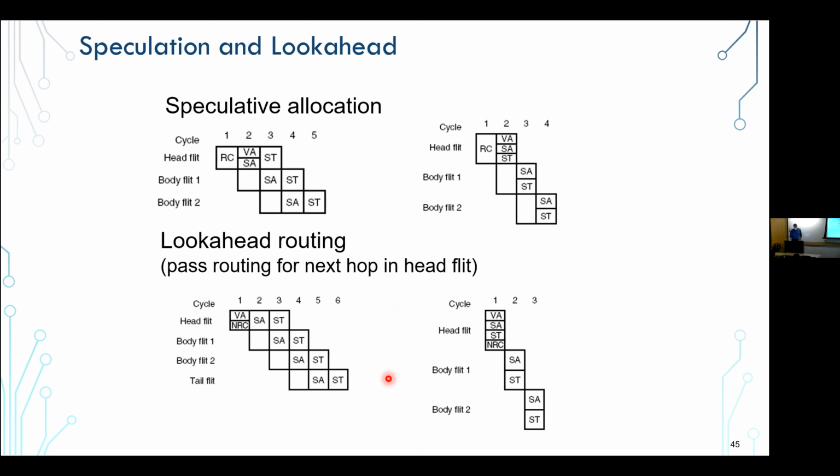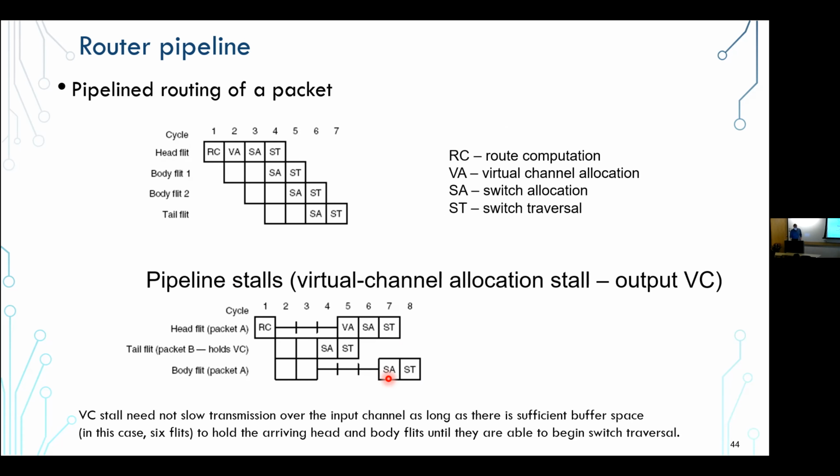So, yeah. Is there a chance, on the previous slide, that while packet B is being transmitted, the VC is dropped and the VC allocation is changed to some other state? You don't want to drop the packet, right? You're just not granting it for the flit. You're not granting it to advance, and you're holding it in the input VC.